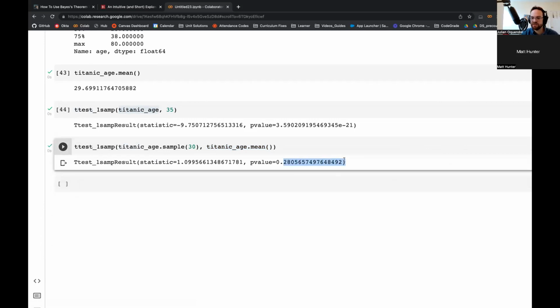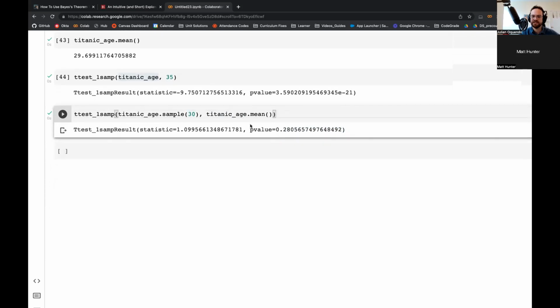And the result is, with a t-statistic of 1.09, note that we're working with a smaller sample, your p-value suggests that you essentially fail to reject the null hypothesis that your sample is a part of this distribution.